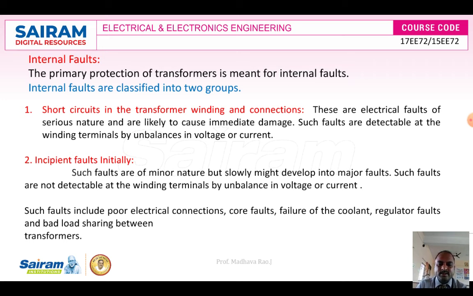Incipient faults are due to improper electrical connections, that is, loose connections, core faults, failure of coolant, regulator faults, and one more important one, bad load sharing between transformers. Even in a single transformer, the load on the three phases should be shared equally, otherwise the transformer will be damaged.